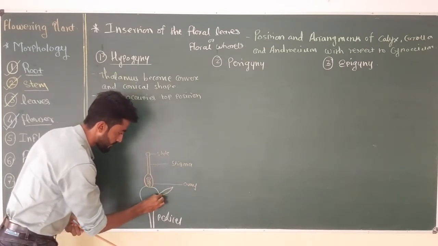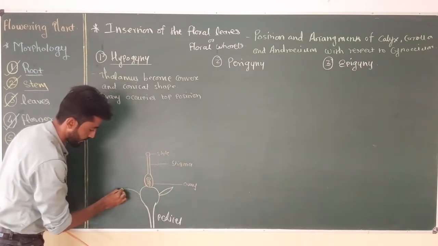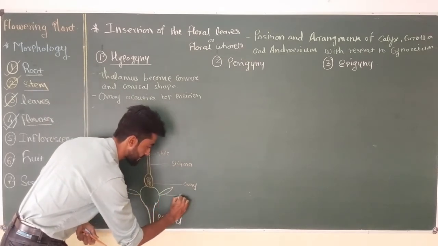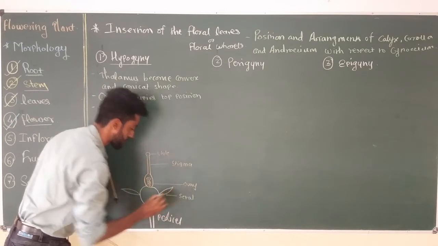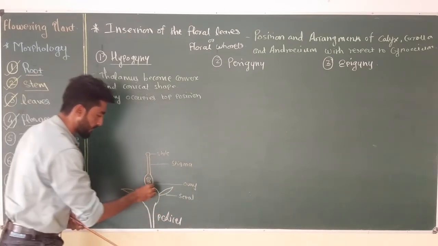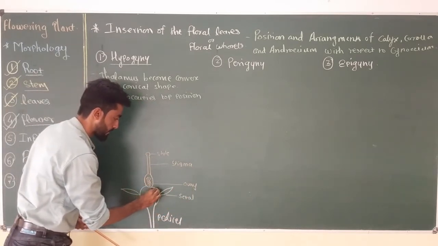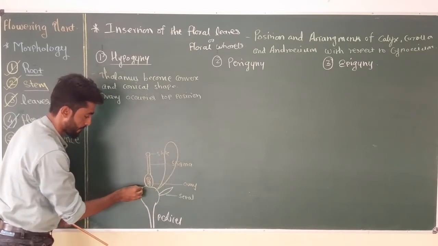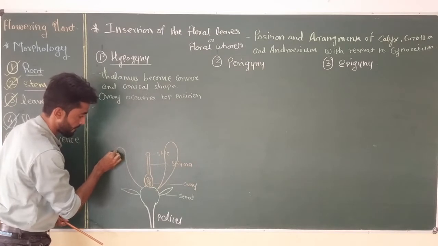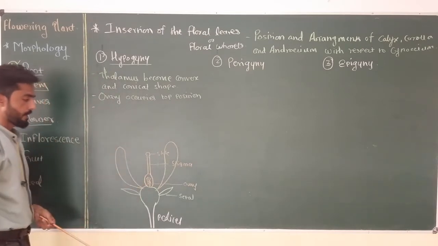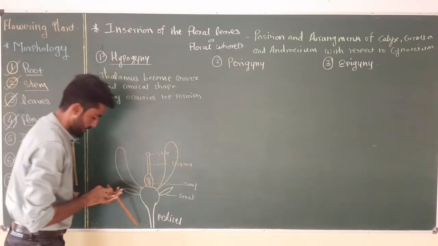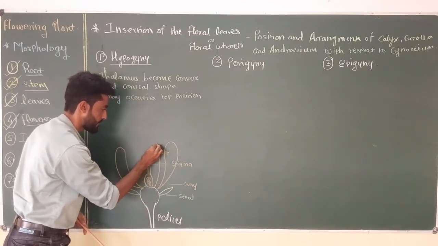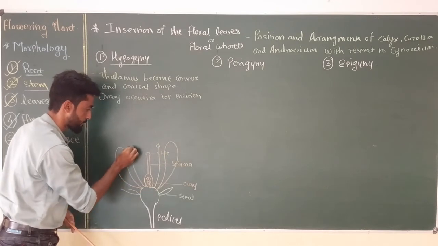calyx at this position. Okay, calyx means the individual member of the calyx is sepal. Then above the calyx, bright colored corolla is present. And then you can find stamens, that is androecium.